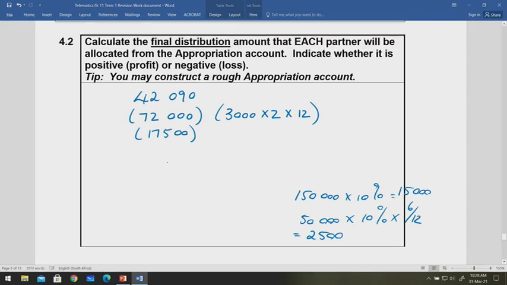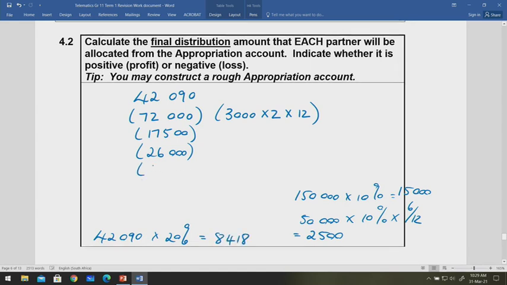Then the interest for Zuzuku, no extra capital contributions at 10%, 26,000. And then they said that Zuzuku is entitled to an annual bonus of 20% of the net profit, and the net profit was 42,090, times 20% of that will give you the bonus of 8,418.